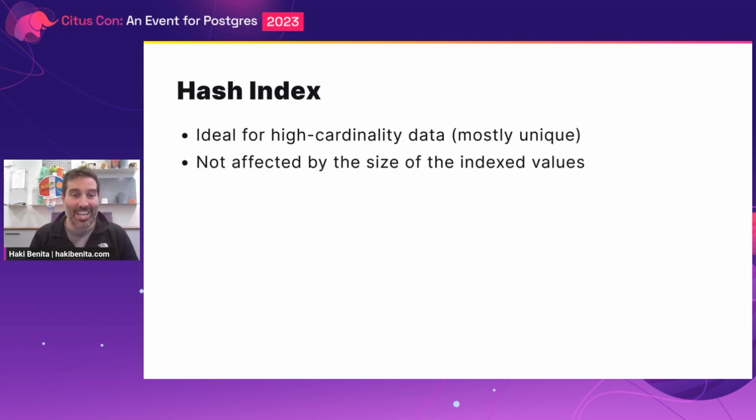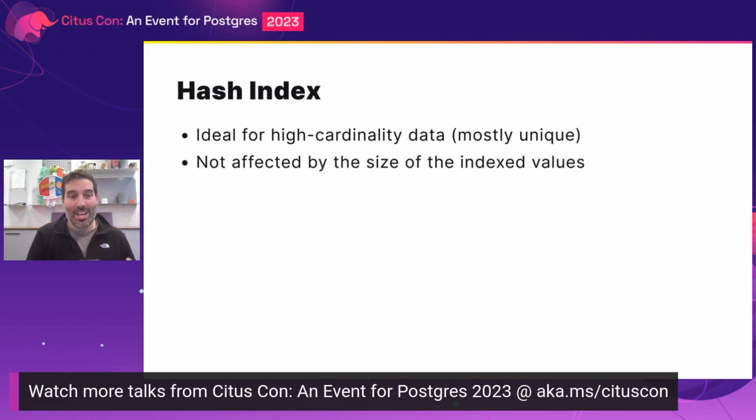Just to recap, a hash index is ideal for high cardinality data, okay? What this means is that if we have a lot of repetition in the table, then a hash index would not perform very well because all the values are going to map into the same buckets, okay? So we want to use a hash index on mostly unique values.